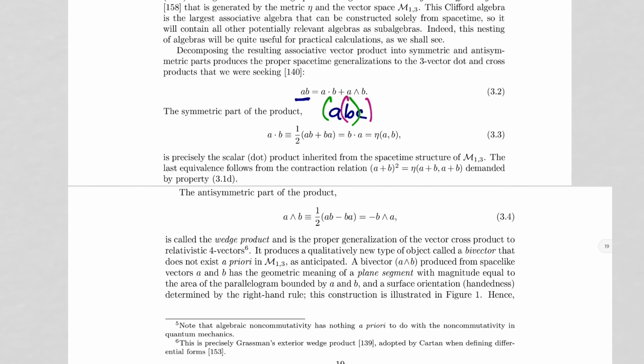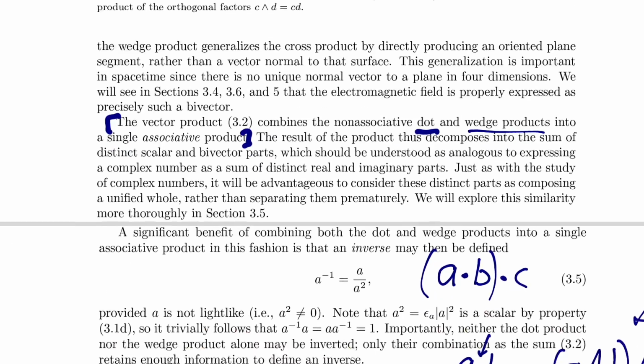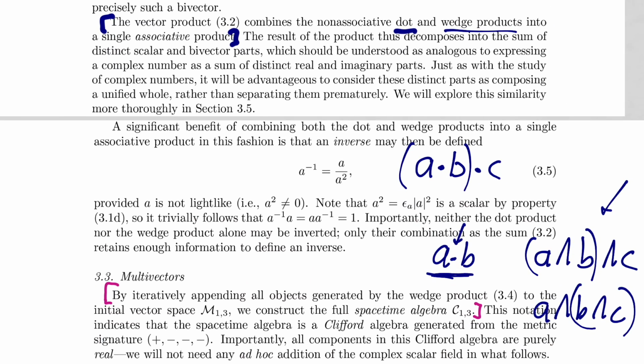You can put those parentheses in either place. But individually, these guys are not associative. But when you combine them in this way, you get something that's associative. And the authors found that interesting and pointed that out.